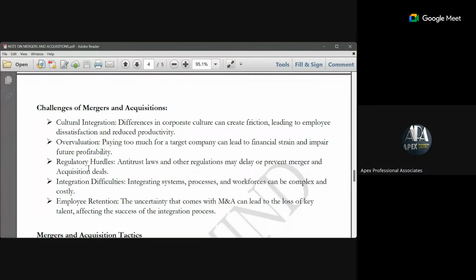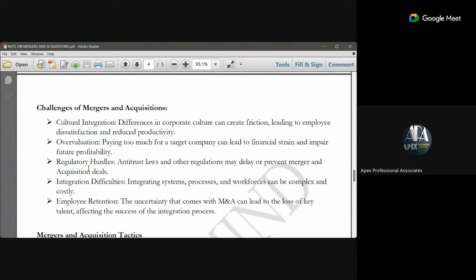So number one, we talk about cultural integration. Even in Nigeria today, we still have that issue of indigenous activities where one is saying I'm a Yoruba person, one is saying I'm an Igbo person. Because I'm a Yoruba person, I don't want to have anything to do with this, which is not helping the society.